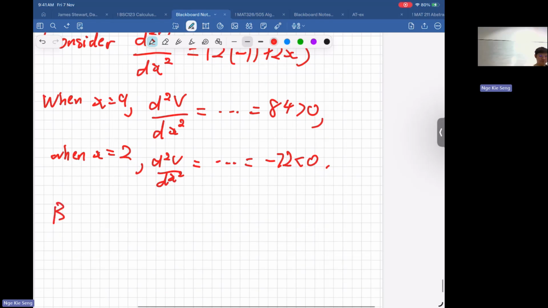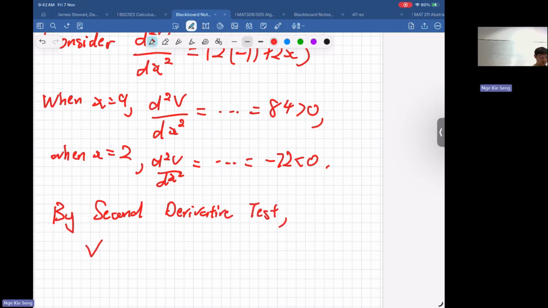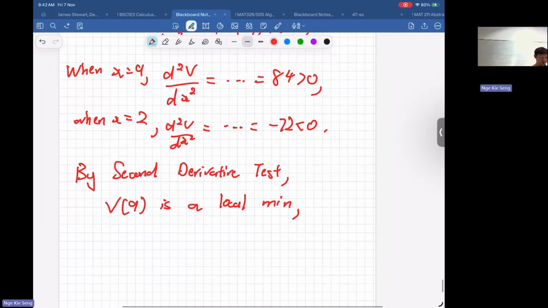So by the second derivative test, V(9) is a local minimum because the second derivative is greater than 0, and V(2) is a local maximum.